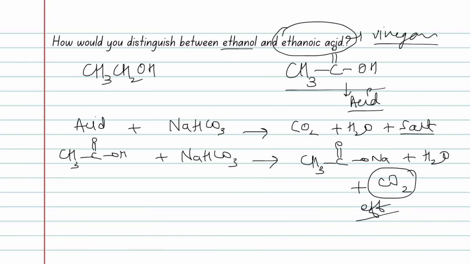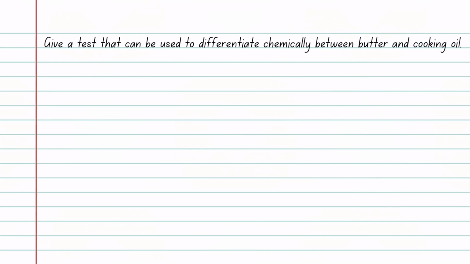And if you want to be doubly sure, you make this gas pass through lime water, and if it turns it milky, then it's definitely carbon dioxide, right? So this is the chemical test to distinguish between the two. All right, okay, let's move on to the next question.